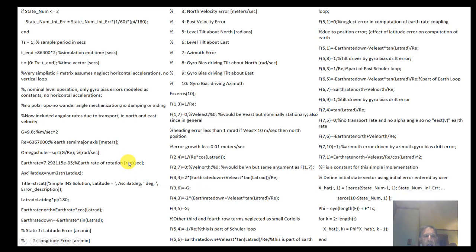The other point that I wanted to make is that we do show Schuler loops, but we don't show damping of the Schuler loop, as I mentioned, and that would be another aspect of a more realistic simulation that's often done.